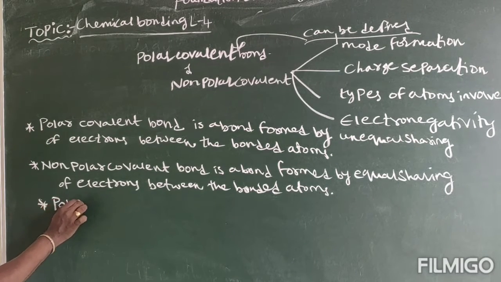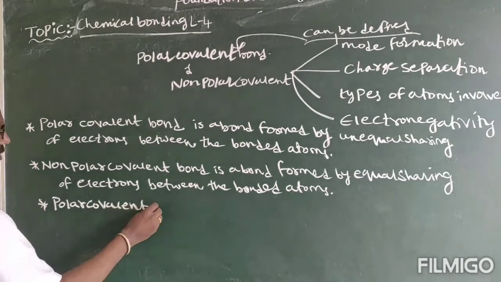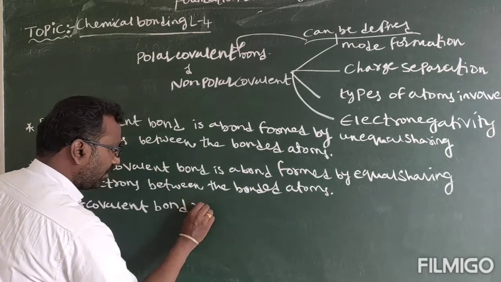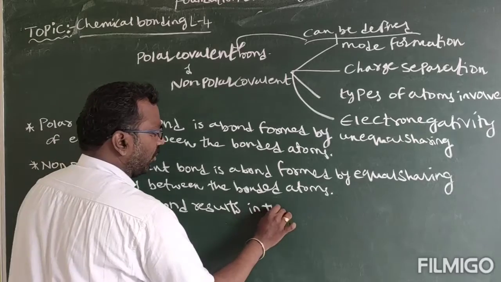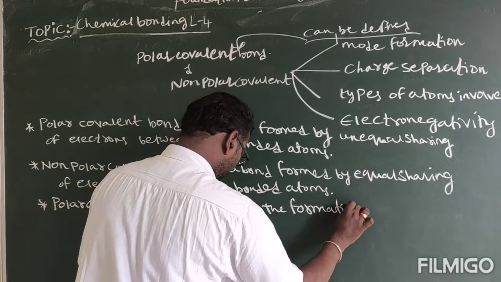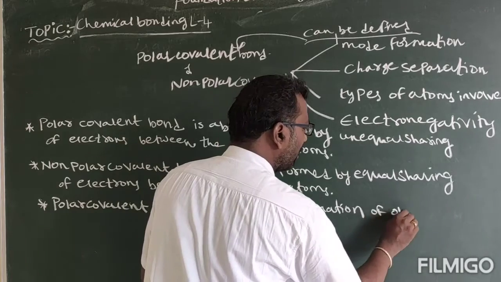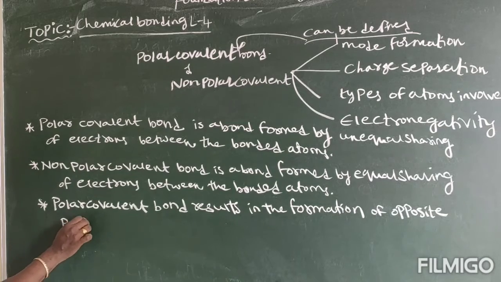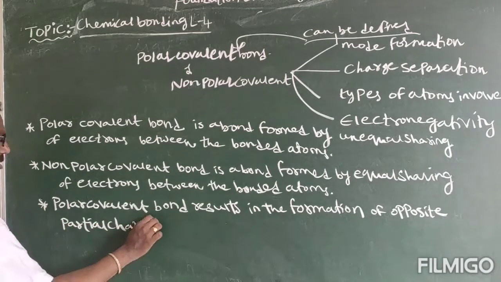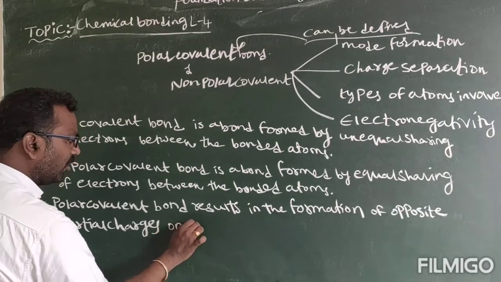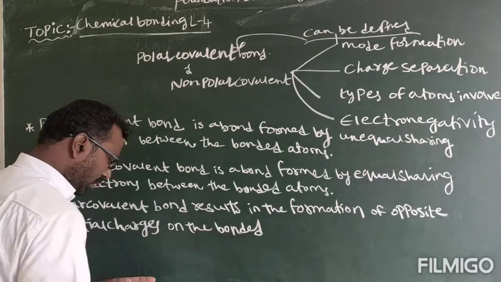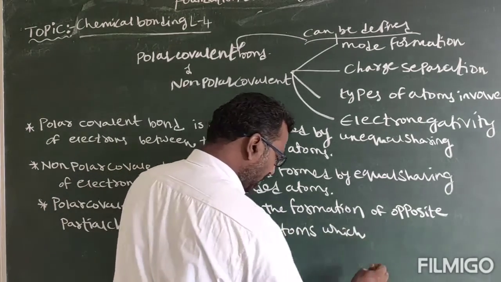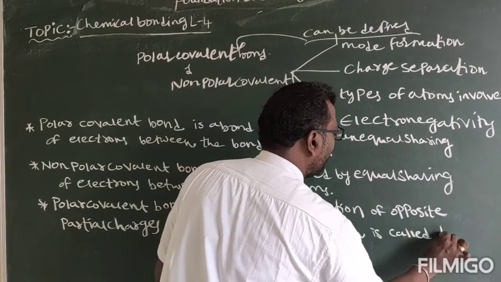A polar covalent bond results in the formation of opposite partial charges on the bonded atoms, which is called a dipole.